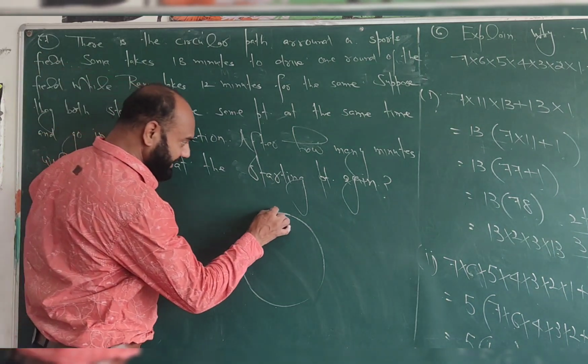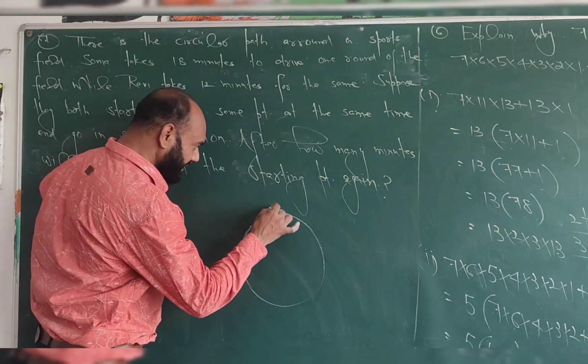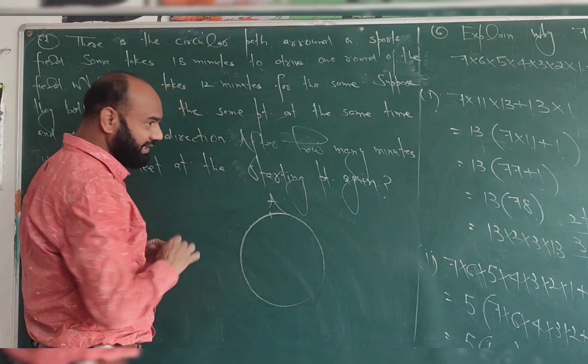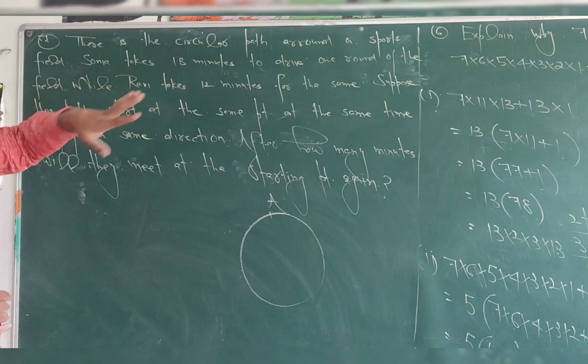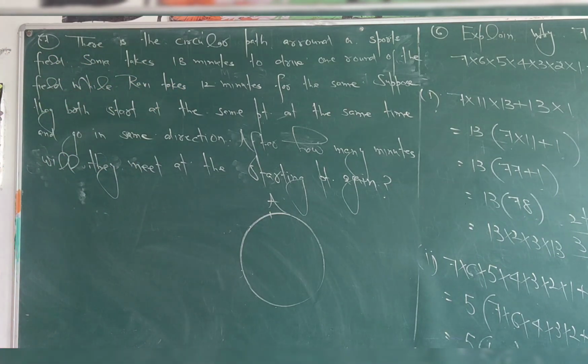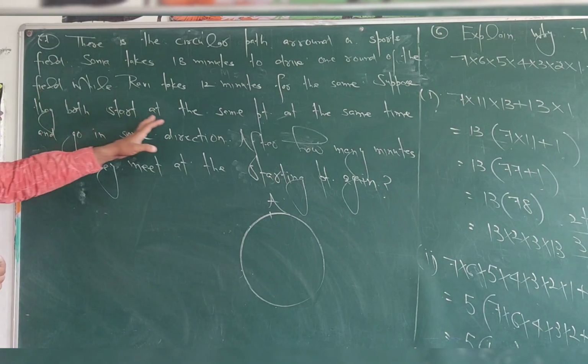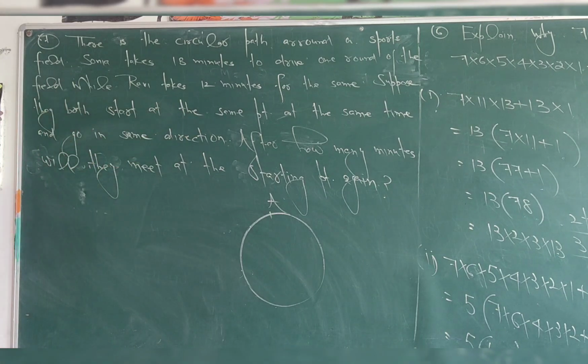Suppose A is its initial point. And here it is given that Sonia takes 18 minutes to drive one round of the field while Ravi takes 12 minutes for the same. Suppose they both start at the same point.